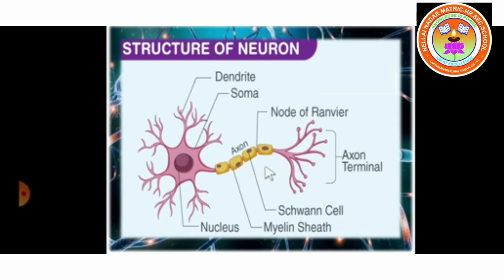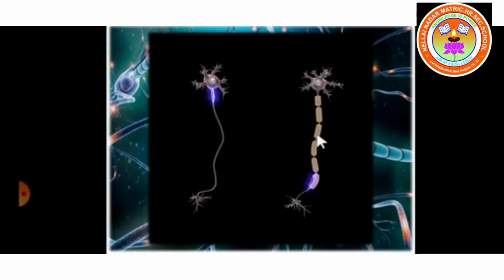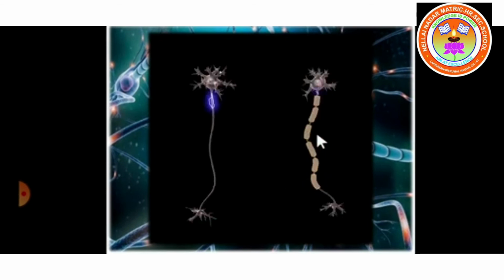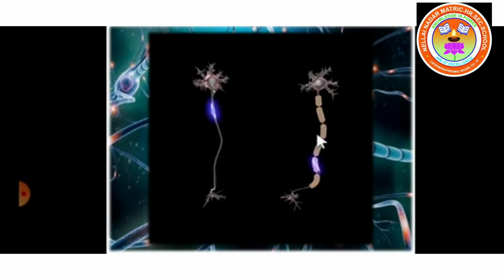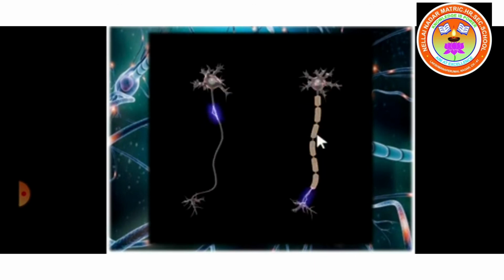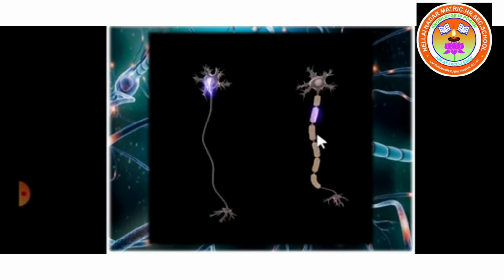The axon is a single long fiber-like process that develops from the cyton and ends with fine terminal branches. Neurons have the ability to receive stimuli from within or outside the body and send signals to different parts of the body.